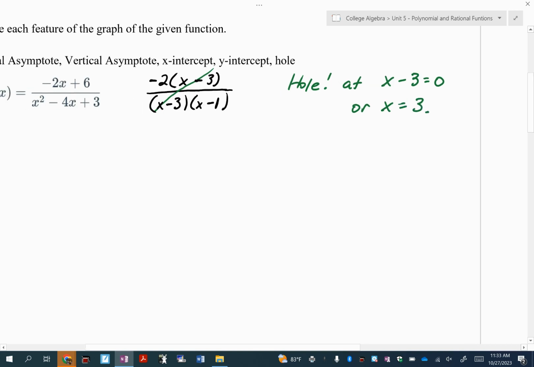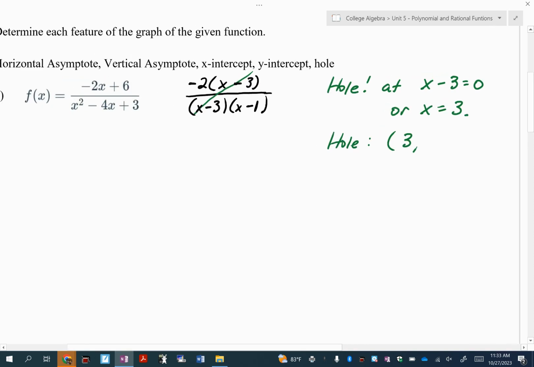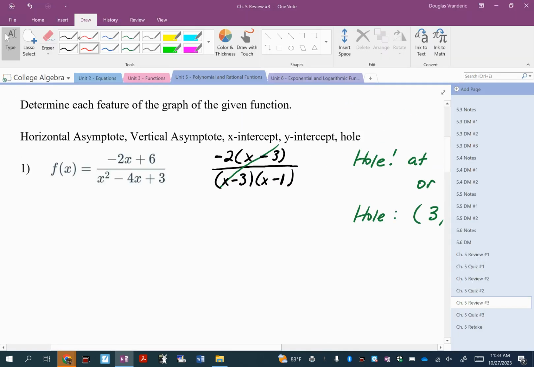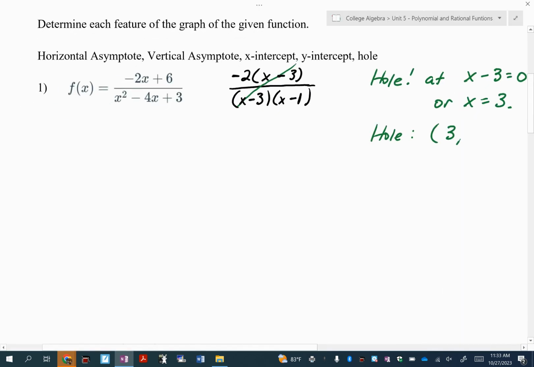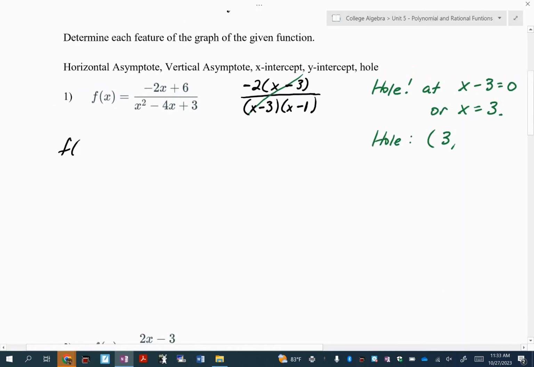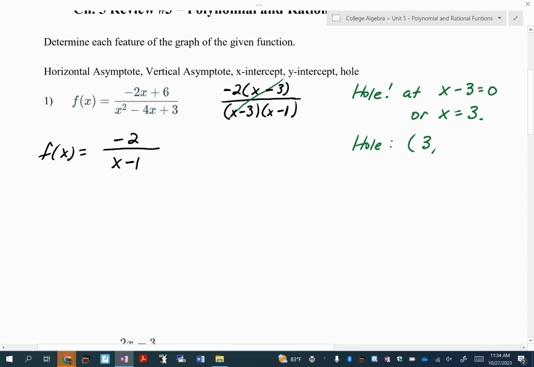All right, so my hole is going to be 3 comma something. Now to find that something, I'm going to write down what's remaining. So what's remaining in my function is a -2 on top and an x minus 1 in the bottom. So to find the y value for my hole, I'm going to plug in the x value where my hole is occurring, +3.